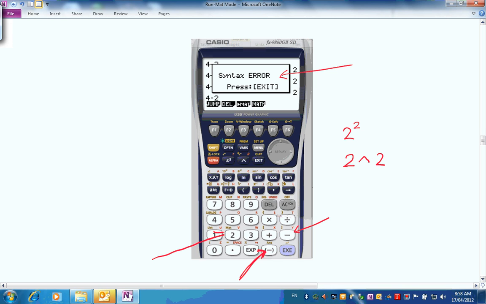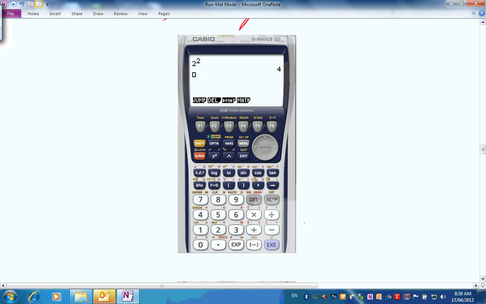So 2 and then the hat is the power button, and then we'll hit 2 again to do 2 squared. But remember now this button here gives us the power of 2. It's just hiding in there. Okay, so I'd like you to do that now and then hit execute, and we see simple calculation of 2 squared equals 4.